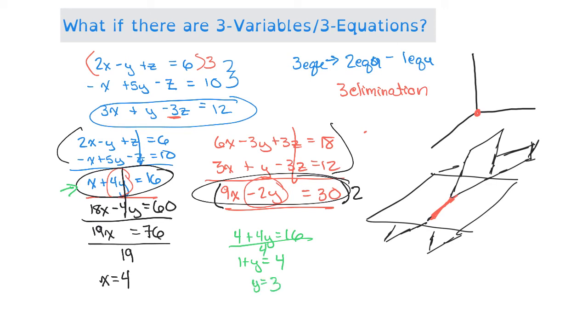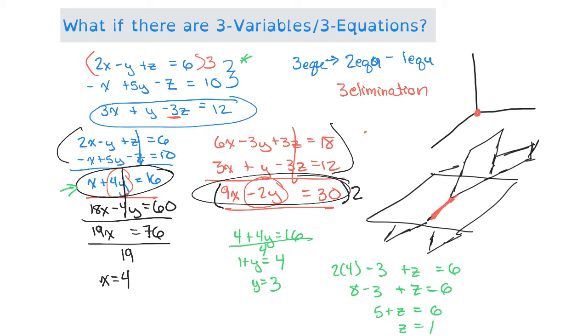And now I'm going to plug that into one of my three variable equations. So I'm going to plug it into the first one. So 2 times 4 minus 3 plus z, because we don't know what z is yet, is equal to 6. We got 8 minus 3 plus z is equal to 6. So 5 plus z equals 6, and z equals 1.